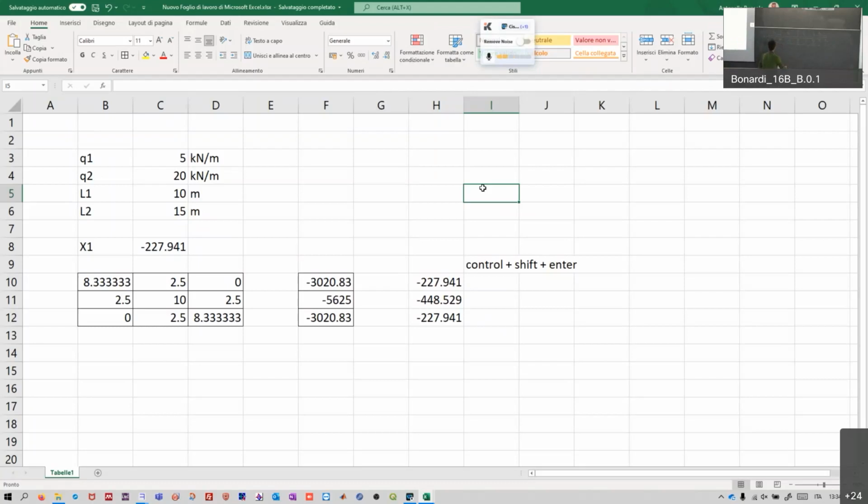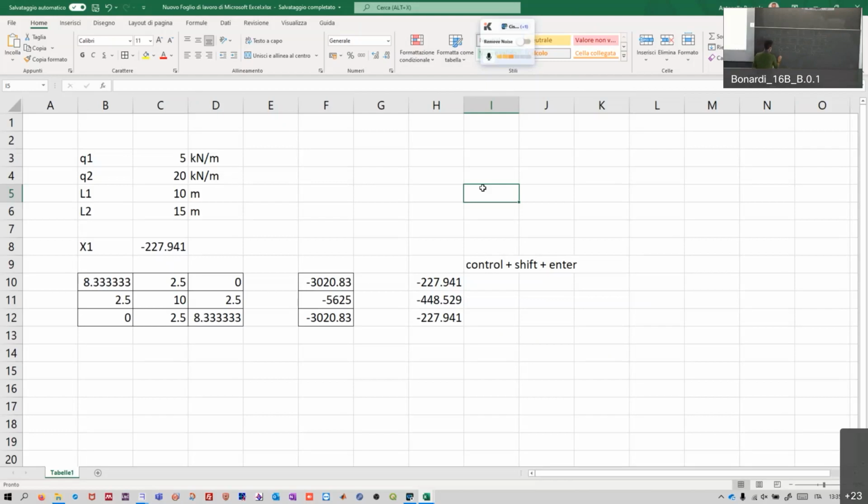So now that we have found the values of our reactions, of our static unknowns, we have X1, X2, X3, Q1, Q2, Q3, Q1.